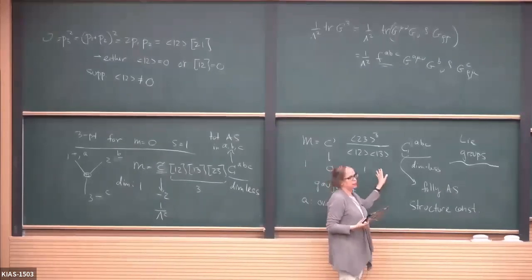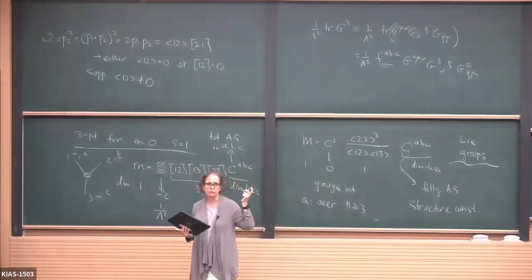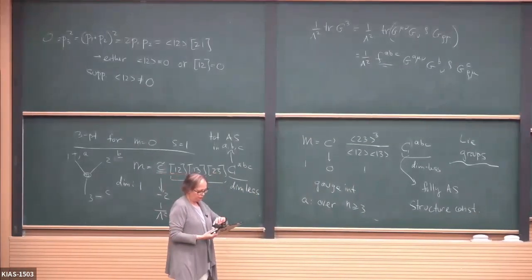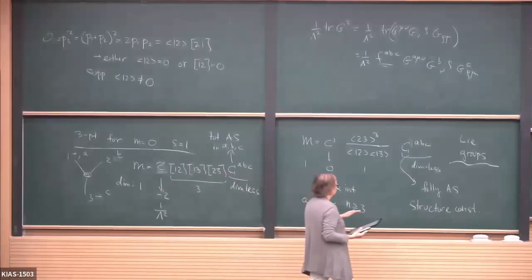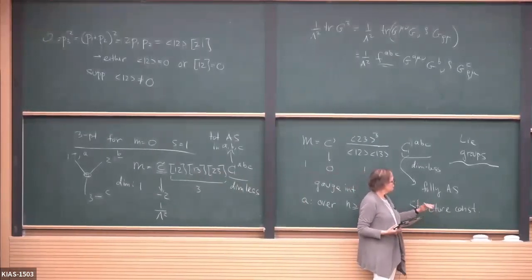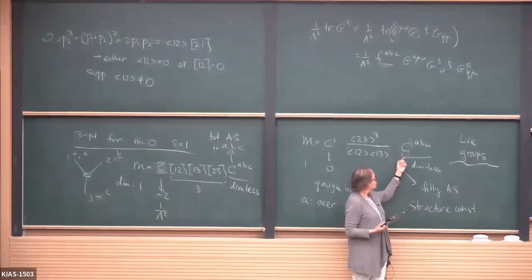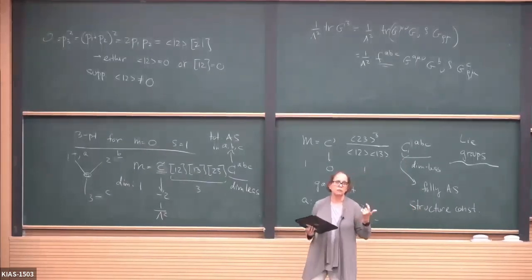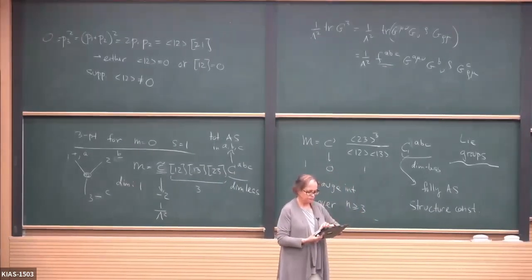First of all, I can do exactly the same exercise for massive degenerate spin 1s, and we'll get the same result. As we already said, we see the structure constants here, or all we know at this point is that these are consistent with being the structure constants, but in order to really see that, we have to look at the 4 point. So that's almost the next thing that we'll do.